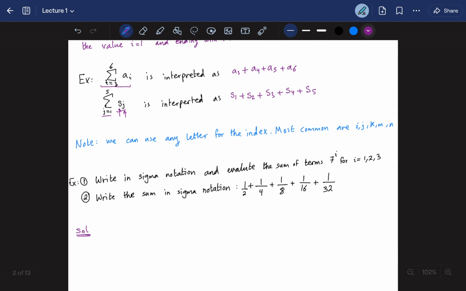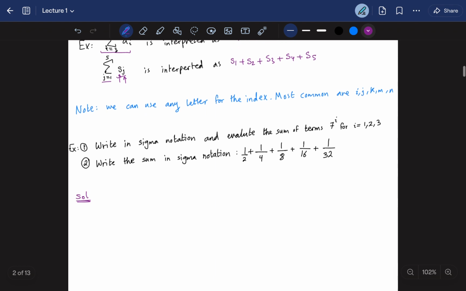Okay, so now let's see, why is this notation helpful? So if I want to write a sigma notation and evaluate the terms 7 to the i, where i goes from 1 to 3, to solve it, first let's write the sigma notation of that. So here I'm adding up the terms 7 to the i, where i goes from 1 to 3, which means now I want to evaluate each term for each index.